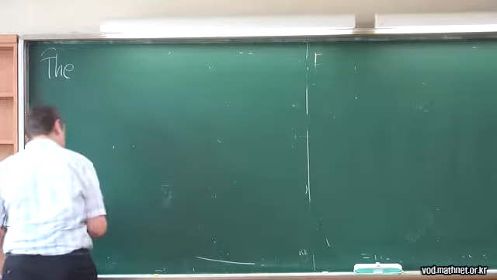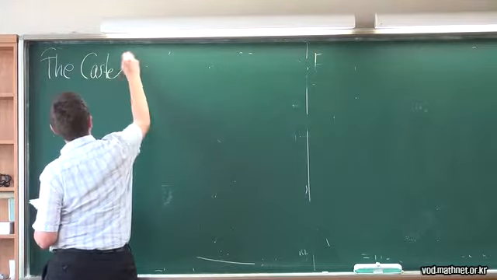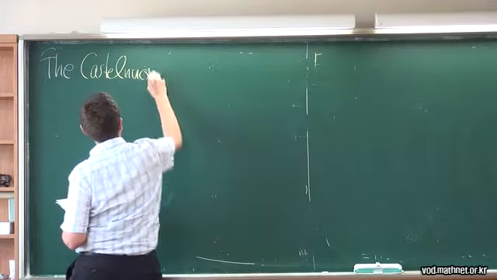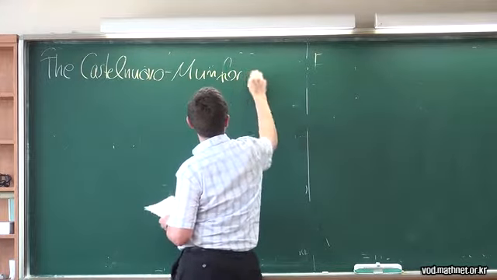The first one is called the concept of regularity. And often they're again the names of 2 mathematicians, Castelnuovo and Mumford.